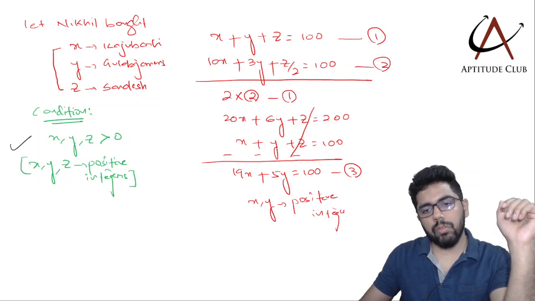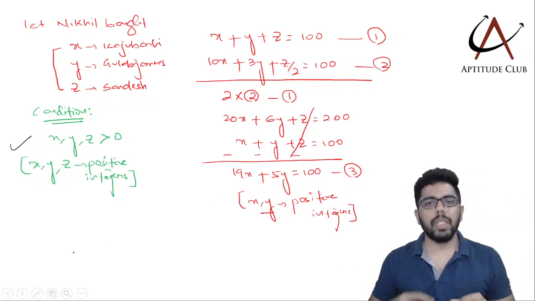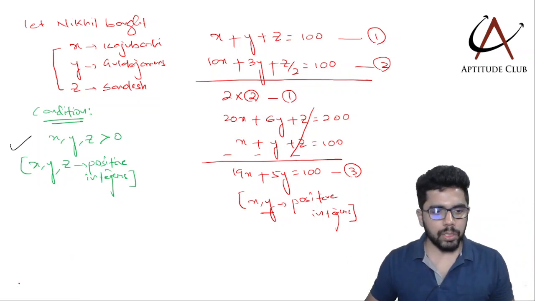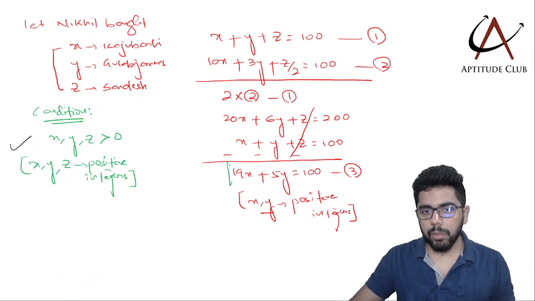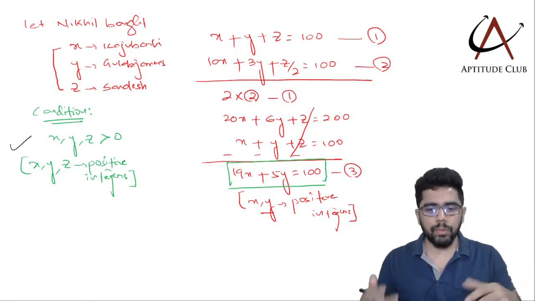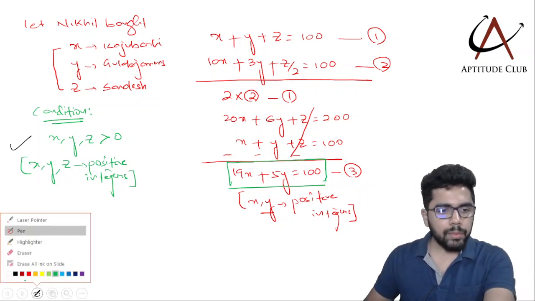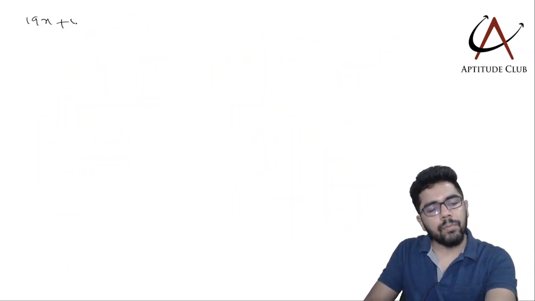Now, if you know how to solve from this point, because that's a particular way of solving special equations, an interesting property of linear equations comes in that intermediate step. If you know how to solve this, you can easily solve. For those of you who don't know, what we do after this step is basically take this equation 19x plus 5y is equal to 100.